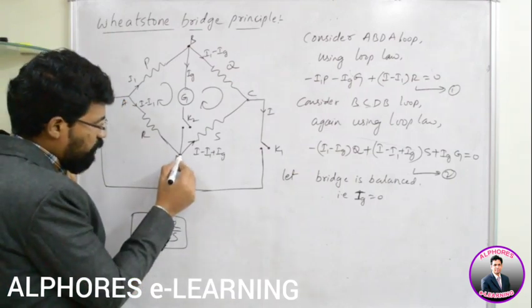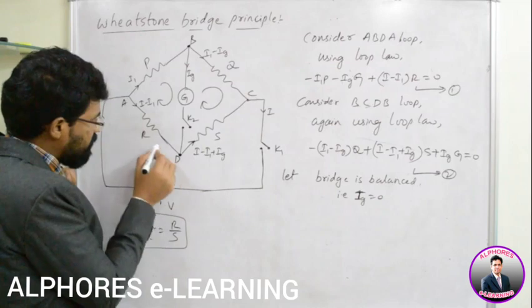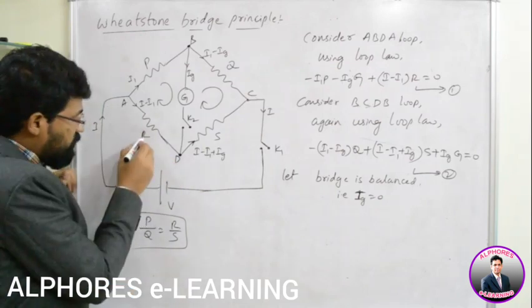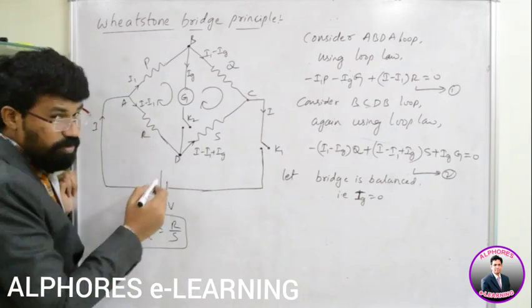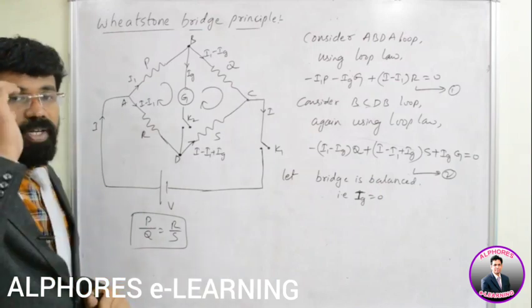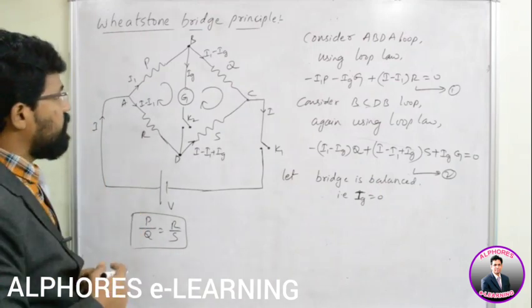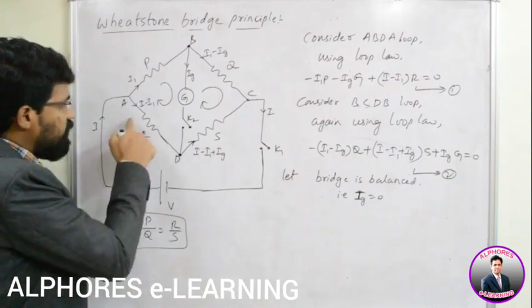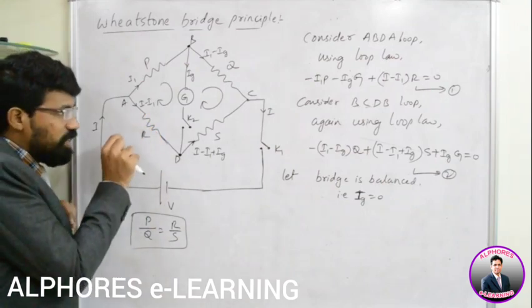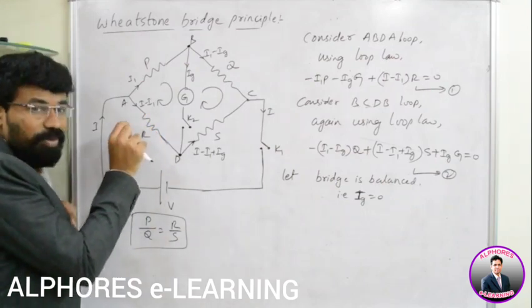If you want to change the potential at this point D, this D is connected to this R, isn't it? So if I change the value of R, the potential of D will change or not? Yes. That is the reason why, usually when we deal with Wheatstone's bridge principle, we arrange a variable resistor here and keep on changing the resistance value.